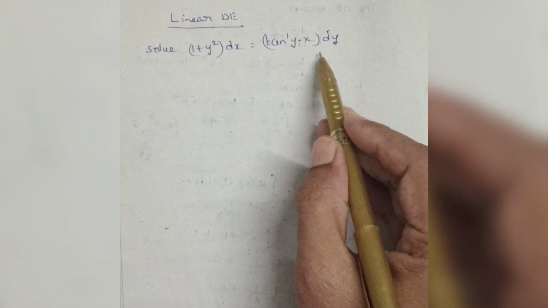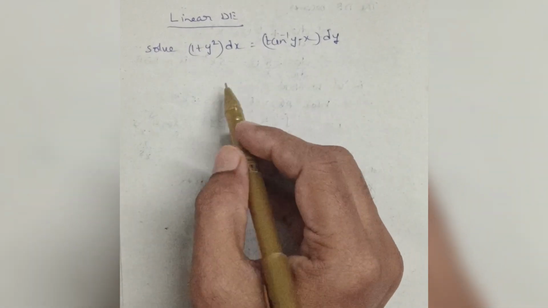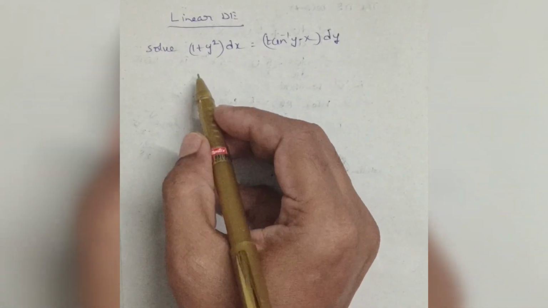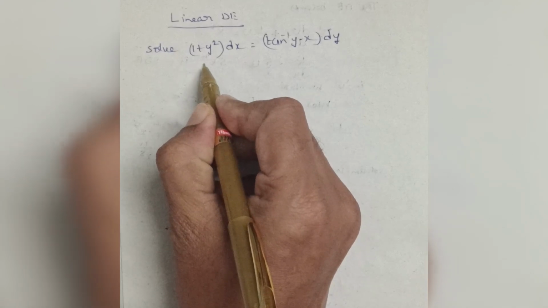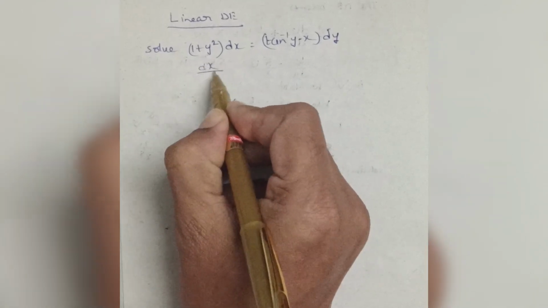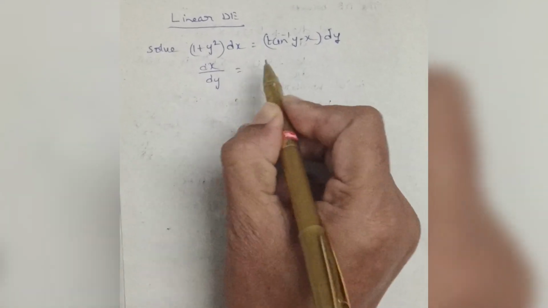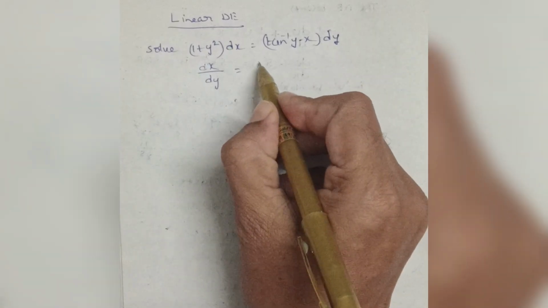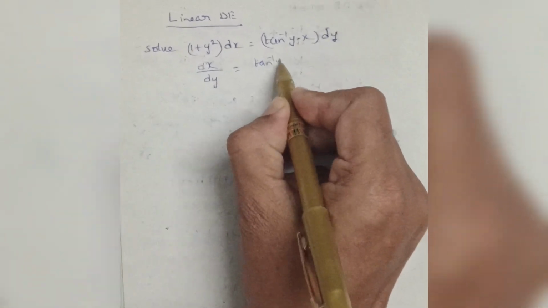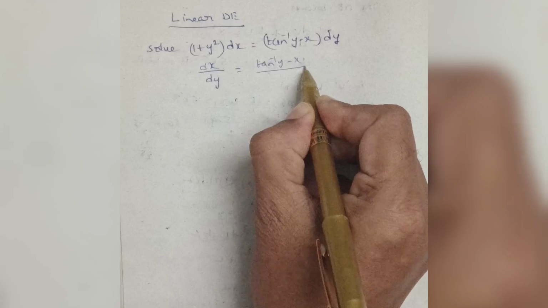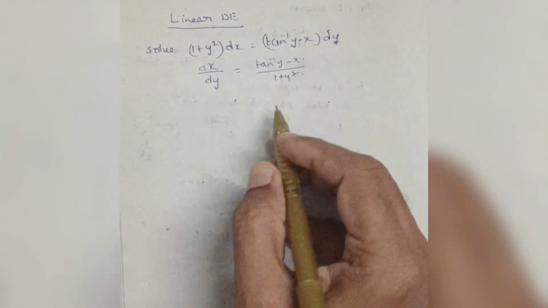How can you simplify this as a linear DE? We can write dx by dy equal to tan inverse y minus x by 1 plus y square.